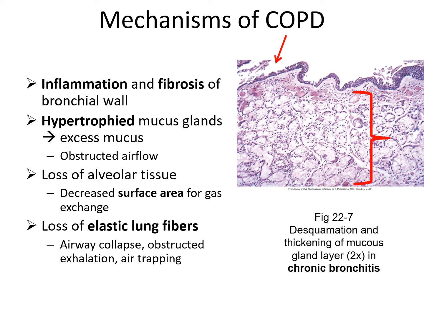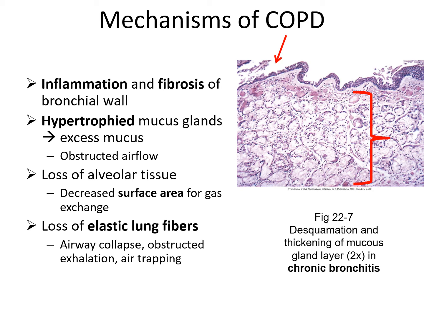So much like asthma, this is going to be an inflammatory disease. This chronic irritation that's occurring in the airway is causing inflammation, and that inflammation ends up resulting in a fibrosis of the bronchial wall. So we get scarring of the bronchial wall long term.